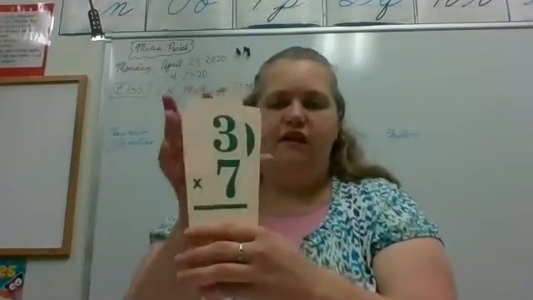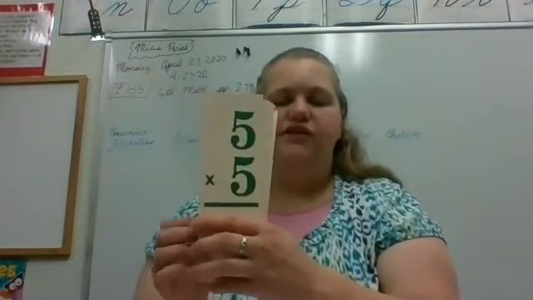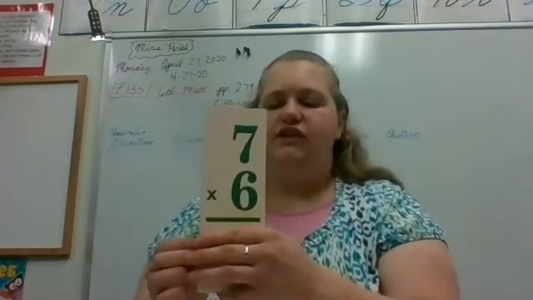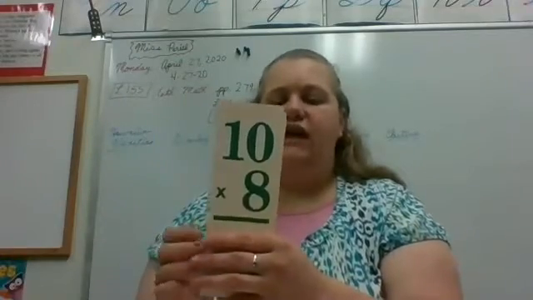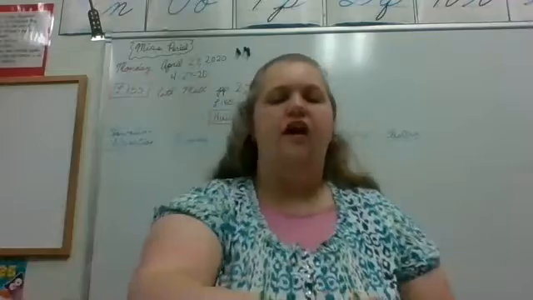All right, 7 times 12, 84, 10 times 11, 110, 3 times 7, 21, 6 times 9, 54, 9 times 12, 108, 5 times 5, 25, 5 times 10, 50, 12 times 6, 72, 7 times 4, 28, 6 times 11, 66, 7 times 6, 42, 12 times 3, 36, 10 times 8, 80, 12 times 12, 144, and we're back to the beginning. All right, I'll let you pause.